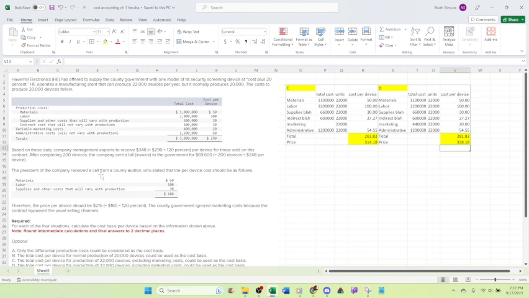But then again, 1.2 of costs is a little bit of an arbitrary price. You know, management accounting.